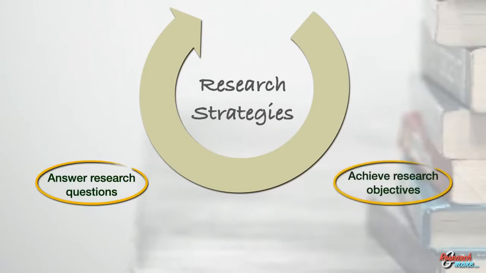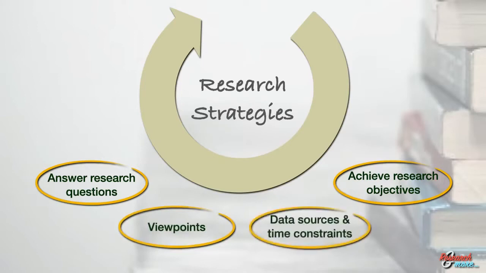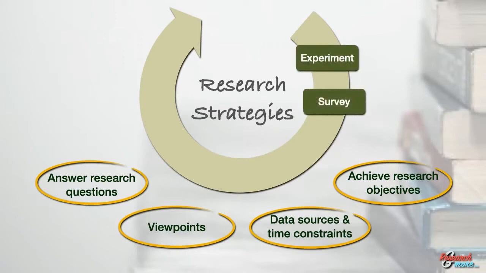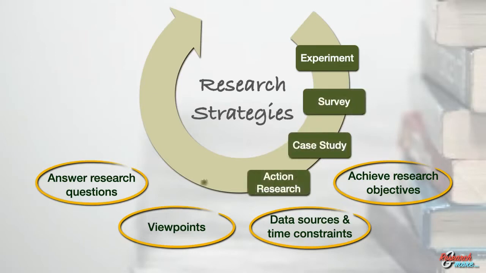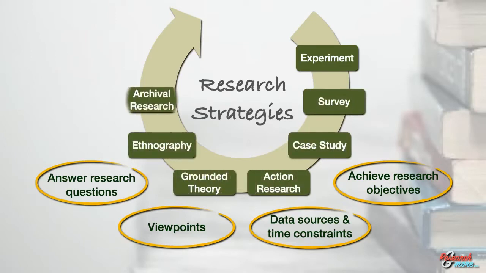As such, your choice of a particular research strategy is guided by the type of your research questions and research objectives, your viewpoints on what makes a good research, and on practical aspects such as data sources and time constraints. Typically, there are 8 types of research strategies to choose from. Explanations about each type of research strategy come next.